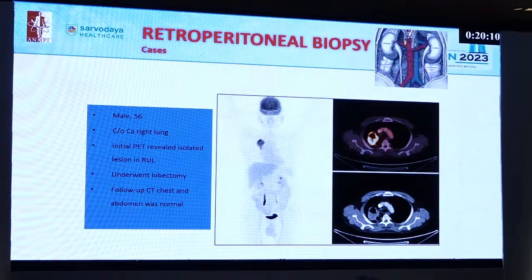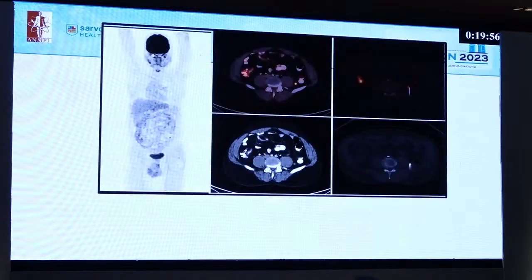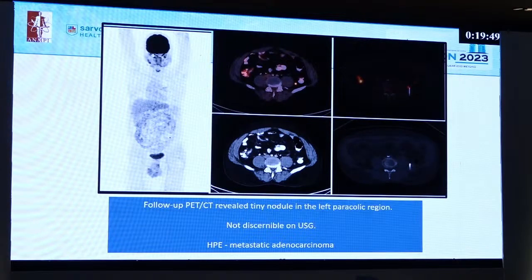This is a 56-year-old male with carcinoma of the right breast. Initial PET revealed an isolated lesion in the RUL. The patient underwent lobectomy for that, and follow-up CT of the chest and abdomen was normal. After 2 years, the patient came for a PET CT for reassessment, and the follow-up PET CT revealed a tiny nodule in the pelvic cavity.